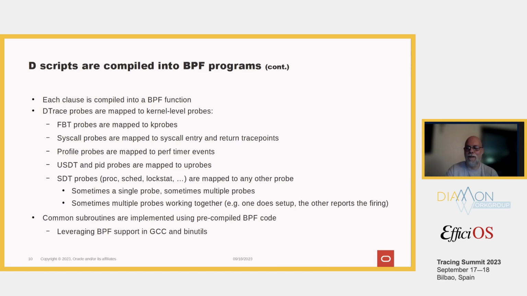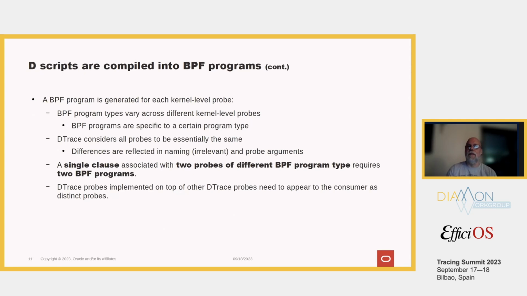It's pre-written code for common subroutines. It might be as basic as doing a substring, looking for a character in a string. We have subroutines for converting IPv4 and IPv6 addresses into their string representation. So this kind of code really lends itself well to be pre-compiled.